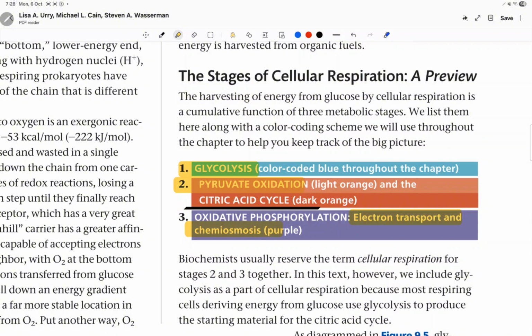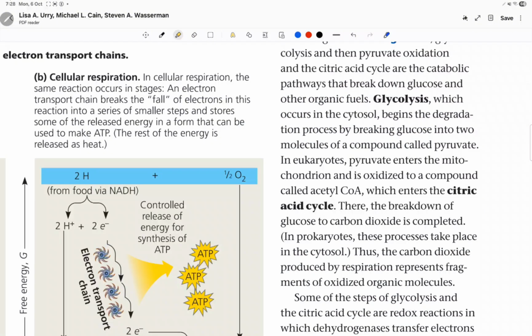Now, the first stage of cellular respiration is going to be called glycolysis, which is about breaking glucose down inside the cytoplasm. You must break glucose down into 2 pyruvate molecules. Now, glucose has how many carbons? 6. And each pyruvate has 3 carbons.